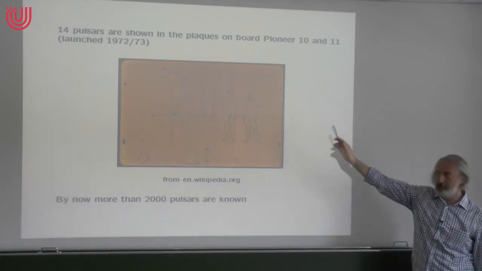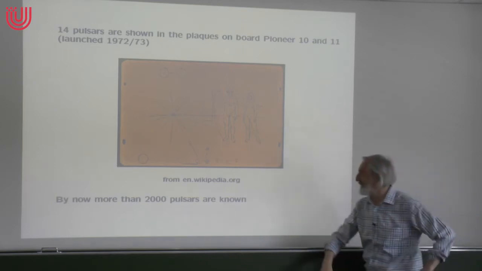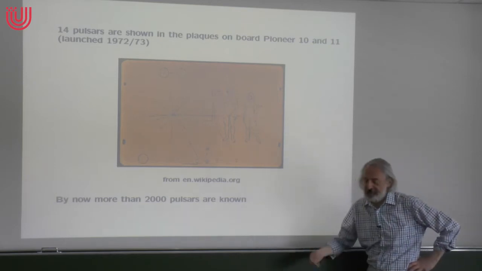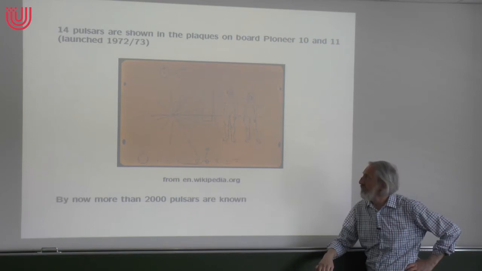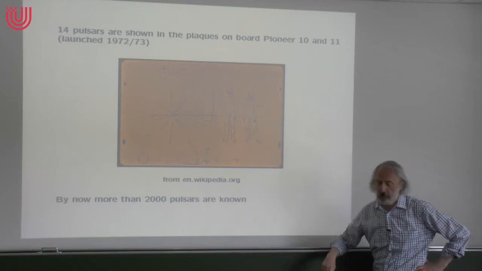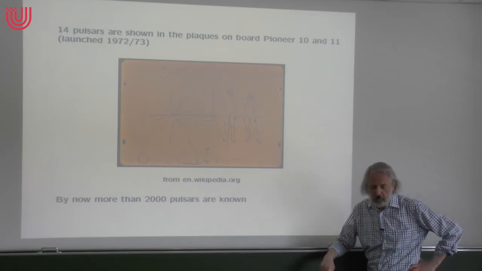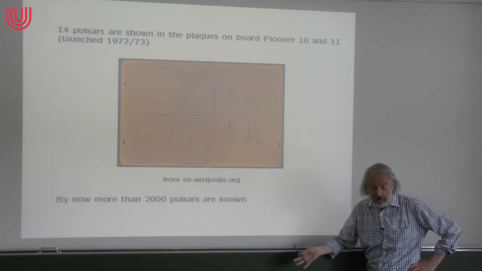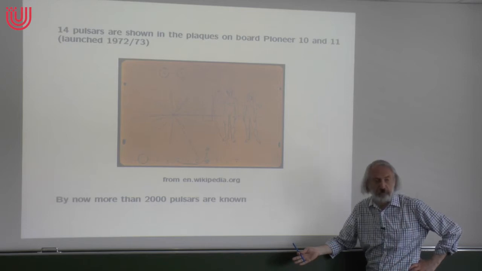I remember very well when these spacecraft arrived at Jupiter and at Saturn and produced these marvelous pictures. And they had this plaque on board, which was supposed to give hypothetical extraterrestrial civilizations who will ever find this spacecraft an idea about men on Earth.